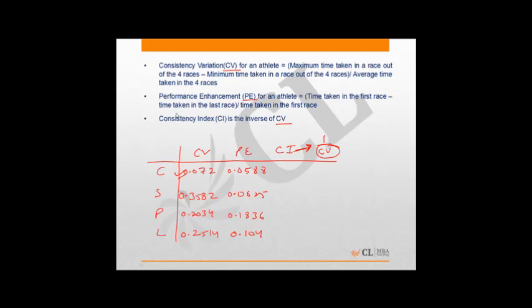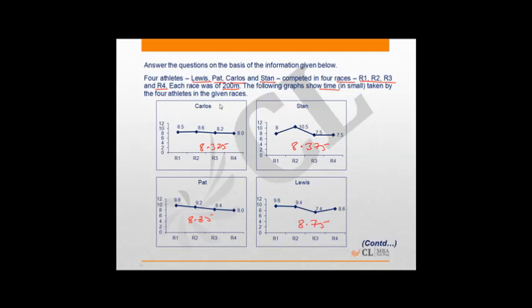Option A is correct. Next, whose average speed for the 4 races was the highest? So I have given the distance of each race, that is 200 meters, and the time taken for each race. Right? So let's say we calculate the average speed of Carlos first.